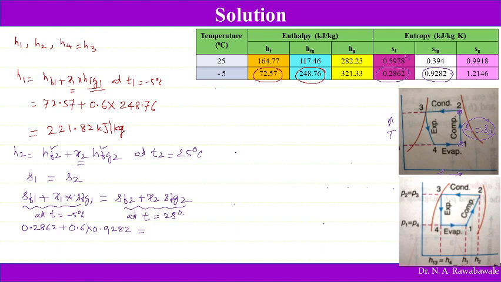SF2 is 0.5978 at temperature T2 equal to 25 degrees Celsius, plus X2, which we don't know, into SFG2 at T2 equal to 25 degrees Celsius, which is 0.394.